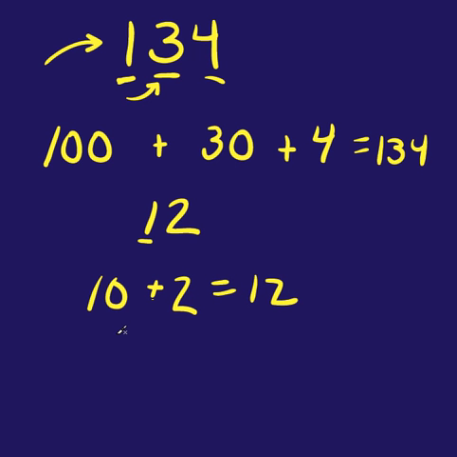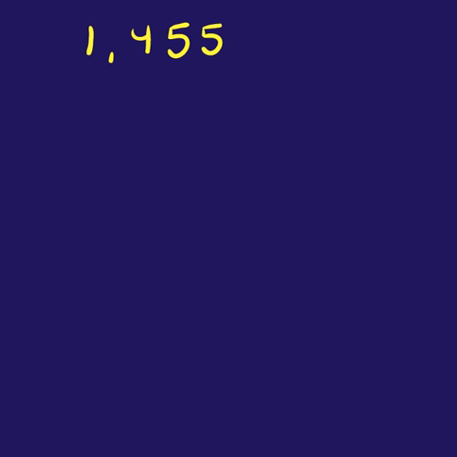But if we get into some crazier numbers, like this number, 1,455. There it is in standard form or in normal form or ordinary form. Now, how would you expand this out? Well, let's blow some air into it so it pushes out, or you can think of it as one of those accordions.